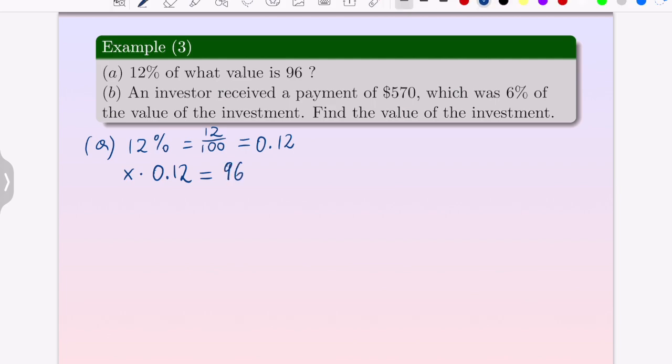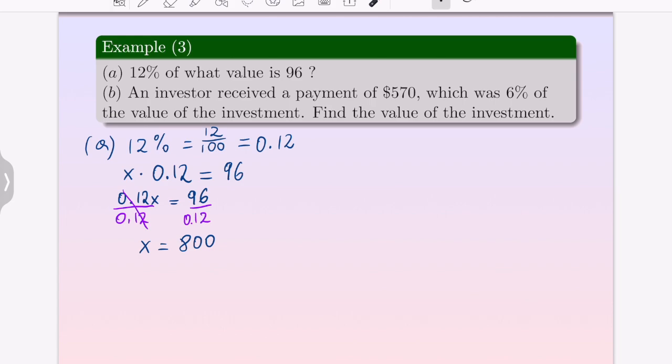So now we can solve it for x. x times 0.12, or 0.12x, is equal to 96. How do we solve it? We divide by 0.12 on both sides. This cancels out, and using your calculator, 96 divided by 0.12 should give me 800.